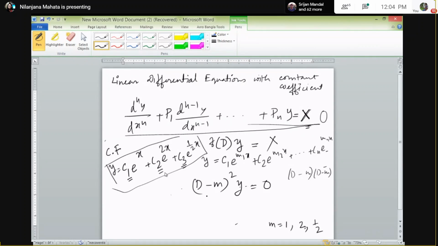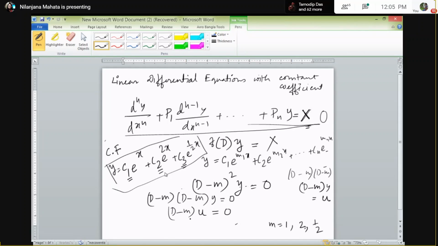So suppose I am taking D minus m, I am writing this as u. This is nothing but D minus m, D minus m y equals 0. I am writing another substitution here.